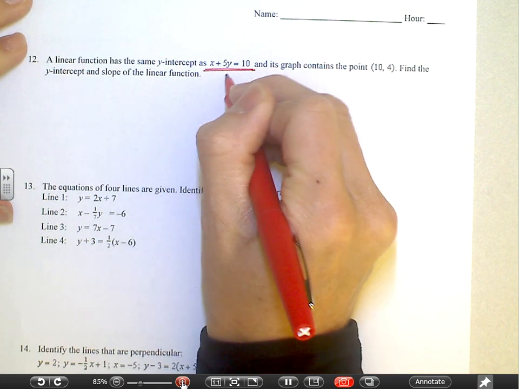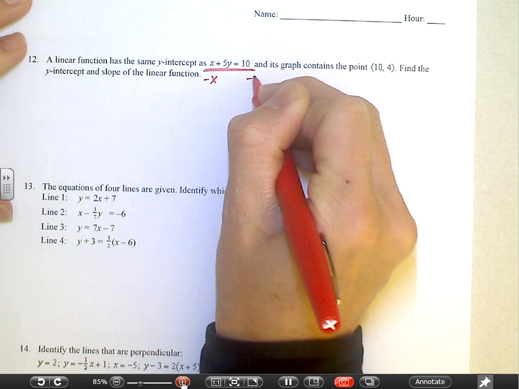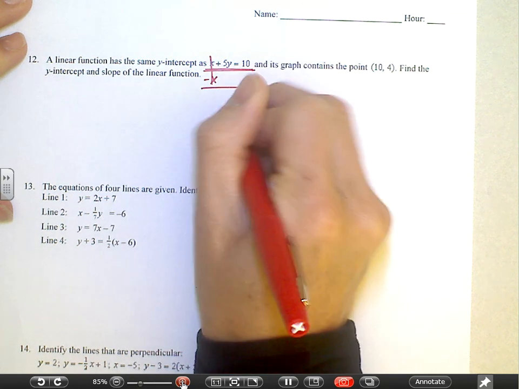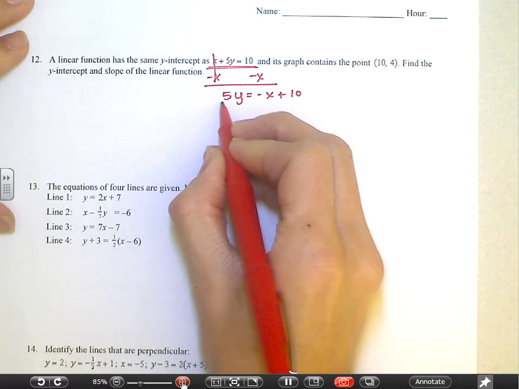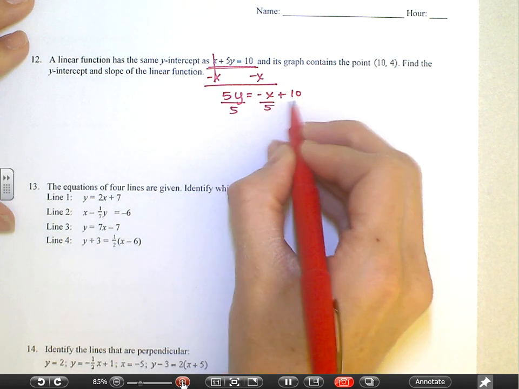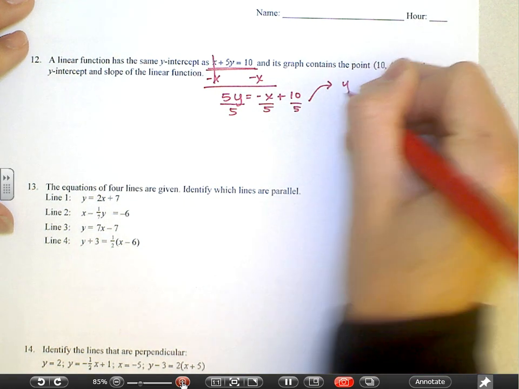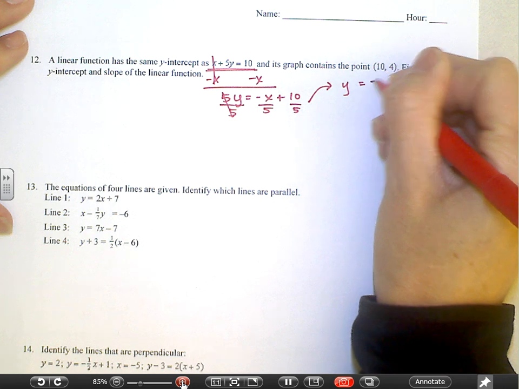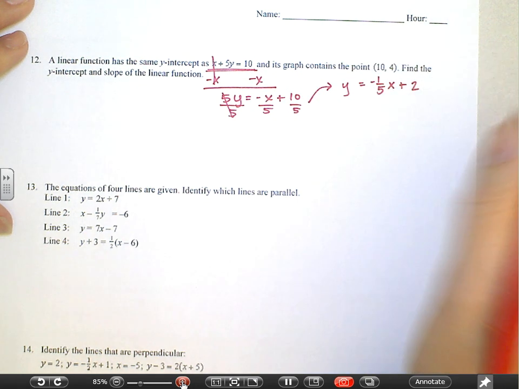I have x plus 5y equals 10, so I'm going to want to subtract x from both sides. I have 5y equals negative x plus 10. Then I would divide both sides by 5. And I would end up with y equals negative 1/5 x plus 10 over 5, of course, is 2.